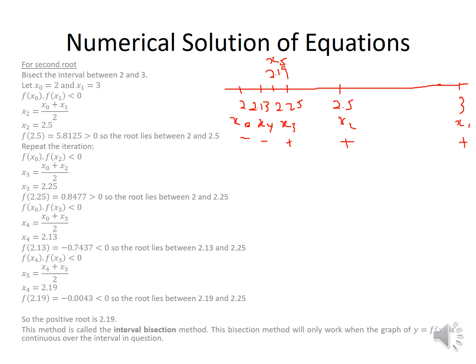And the value is negative 0.0043. So the value is small enough, because the condition is modulus of f(x) less than 0.1, and you can stop at this step, and you can conclude your root between 2 and 3 is 2.19.